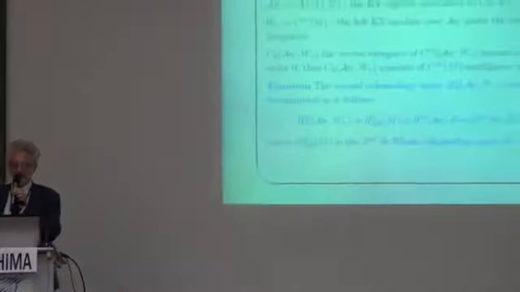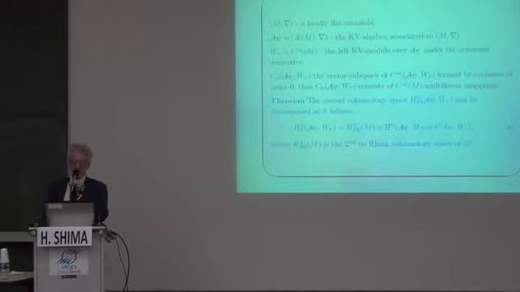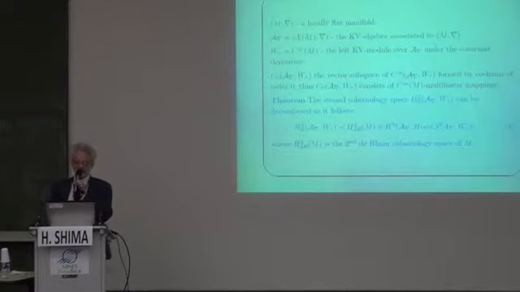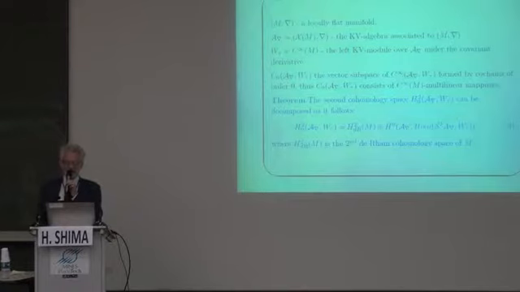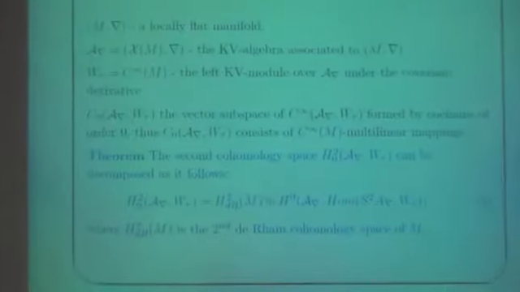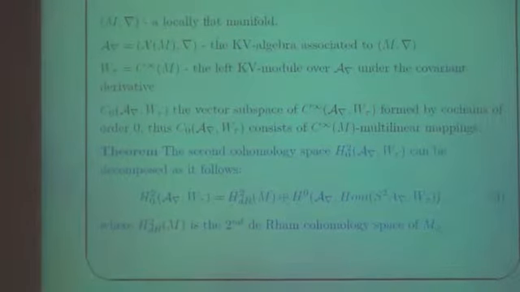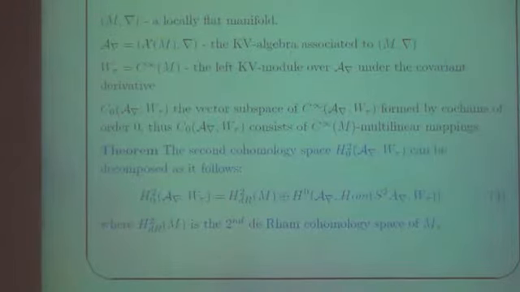When we calculate the second cohomology space, this 0 is a kind of reduced, because C^0 is the subspace of C-infinity cochains of order 0. So the special cohomology associated to our Koszul-Vinberg algebra of the affine manifold (M, nabla) contains the de Rham cohomology and something more. That something more is important because it permits us to introduce foliations into the theory.